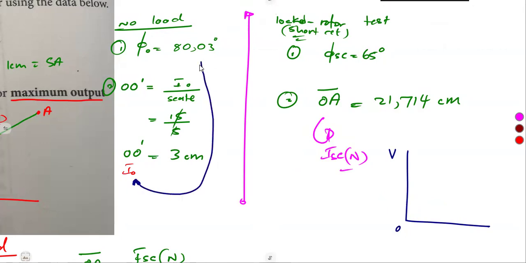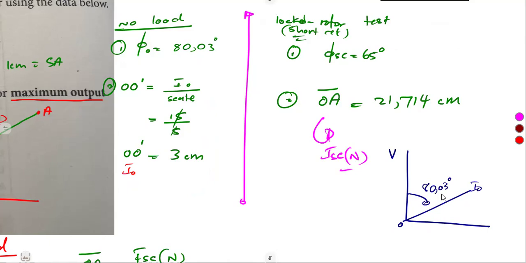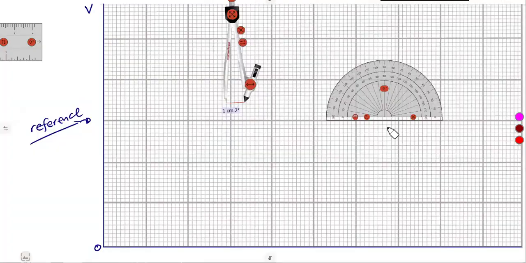The angle in between is 80.03, which is approximately 80 there. So let's say this is how it was supposed to be, where in between you have got 80.03 degrees. So you must measure from the vertical, because your vertical is the reference. It's not the horizontal this time. Remember, guys. So this is what was going to happen.